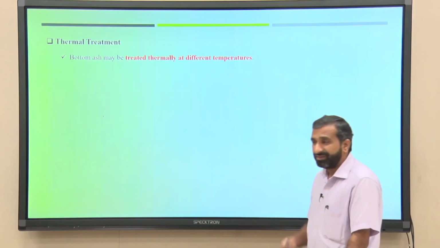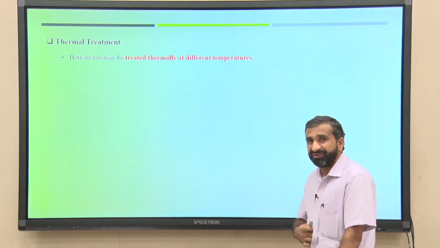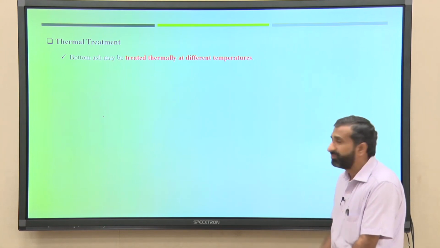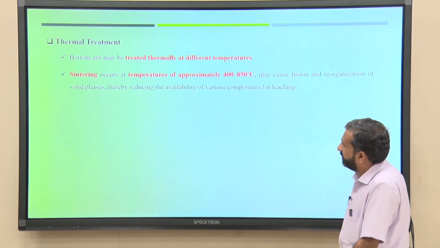Next treatment is thermal treatment. Bottom ash may be treated thermally at different temperatures, because the calorific value of these ashes is also very high, so they could be combusted again.